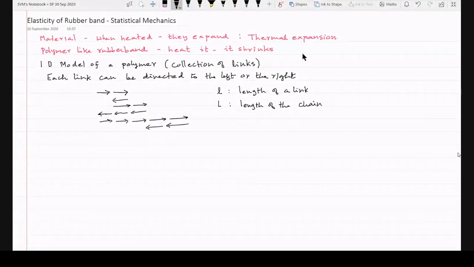Now you can write down, let's say total capital N is the number of links.